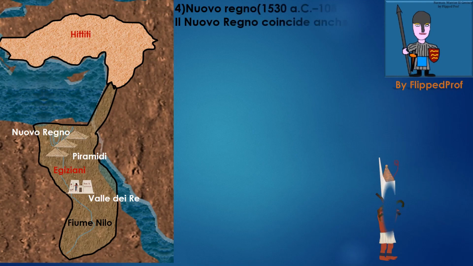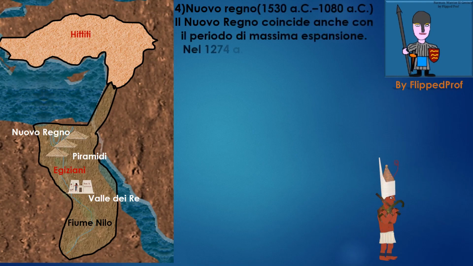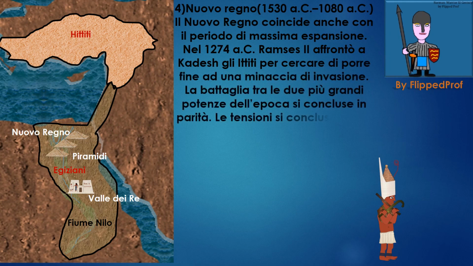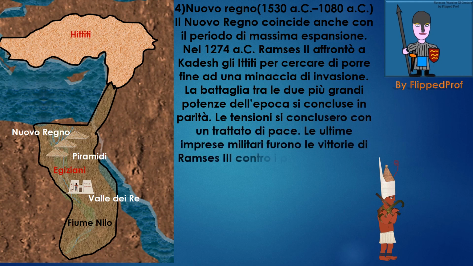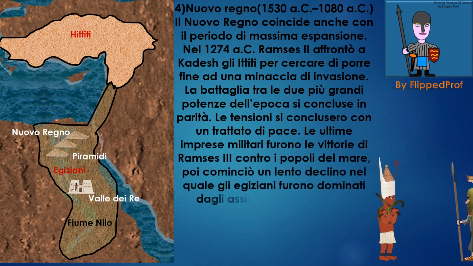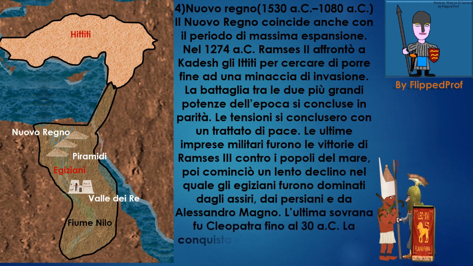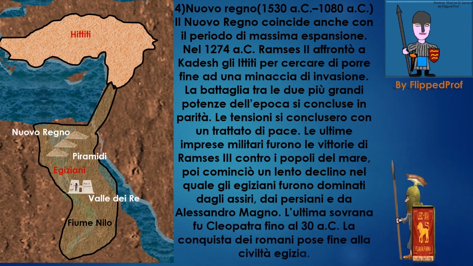New Kingdom, 1530 BC to 1080 BC. The New Kingdom also coincides, as we mentioned earlier, with the period of maximum expansion and maximum splendor of Egyptian civilization. In 1274 BC, Ramesses II confronted the Hittites at Kadesh to try to end a threatened invasion. The battle between the two greatest powers of the time ended in a draw.